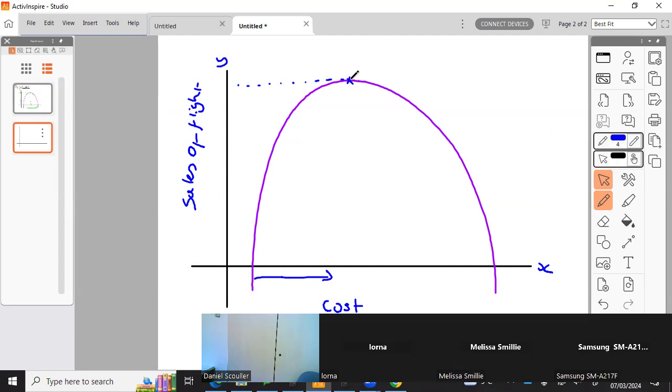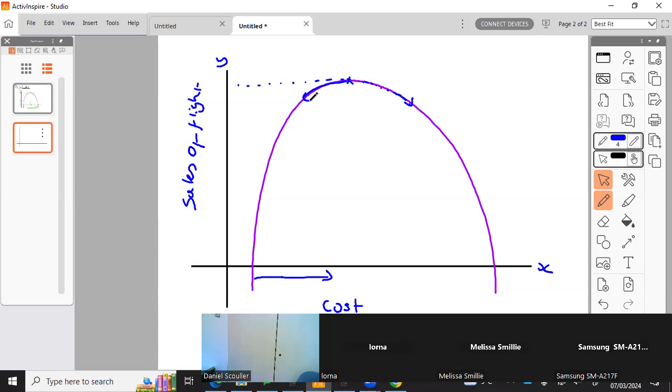If you go past that cost, it's going to start going down. You're going to sell less because people can't afford it. If you go much cheaper, people will actually start to devalue the holiday. It's bizarre.